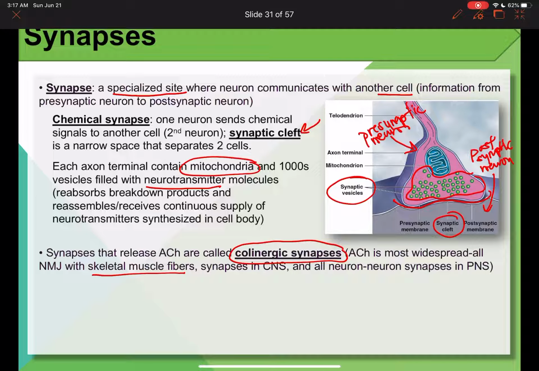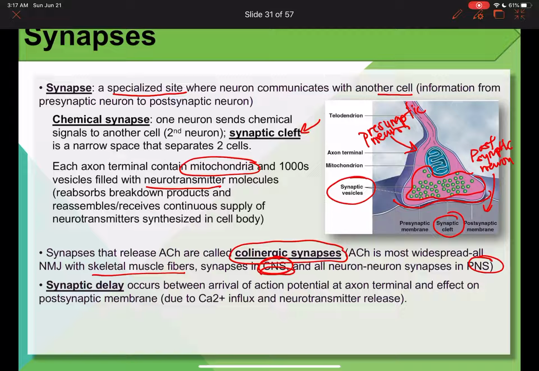So some cholinergic synapses also synapse within the central nervous system, and some are neuron-to-neuron synapses within the peripheral nervous system as well.